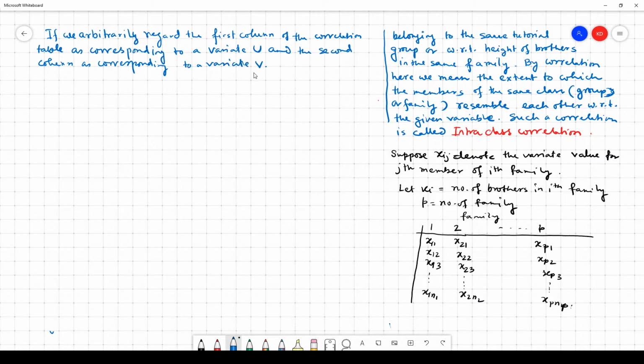Then the mean of each variate is given by... I denote this mean by U bar and V bar, small u bar and v bar.